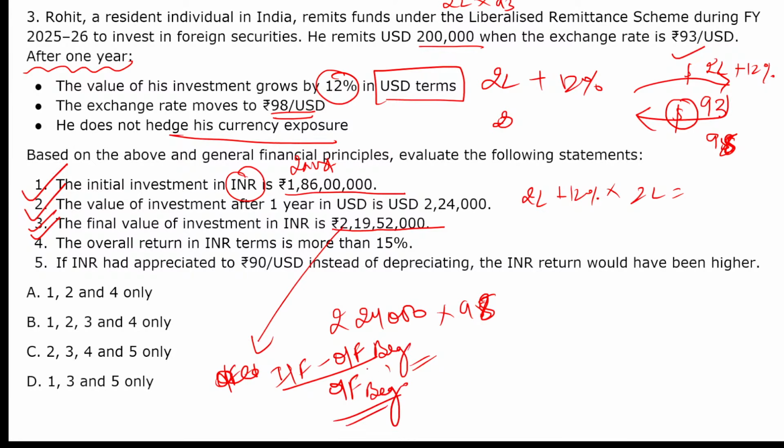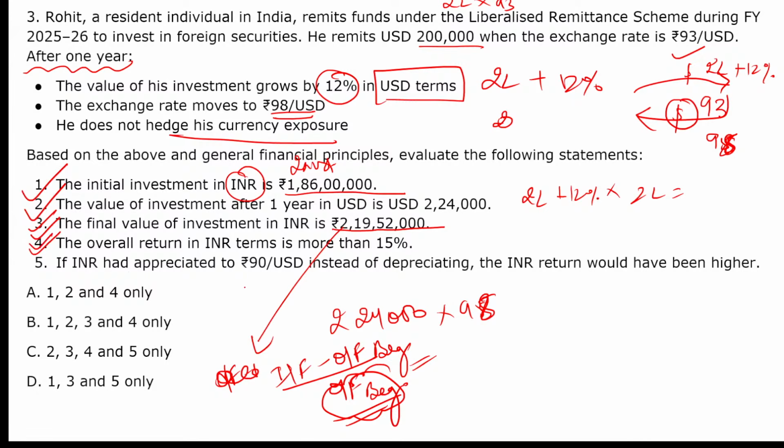You always compare from the beginning for finding returns. So 219,520,000 minus 186,000,000, divided by 186,000,000, into 100, which will be approx 18%. So yes, the answer is correct.